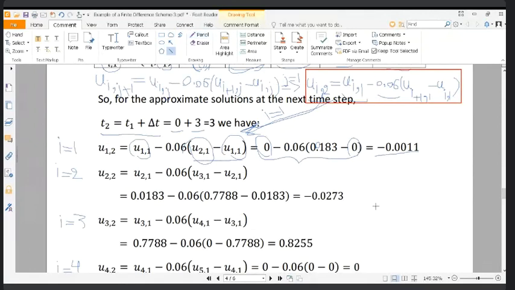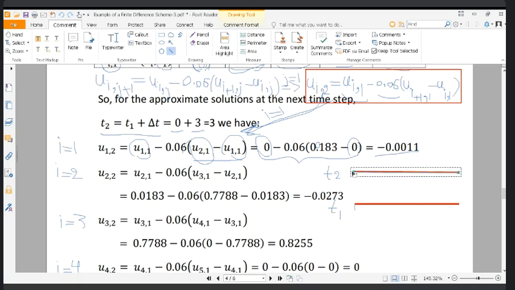Please pay attention. I describe this geometrically. It is time level T1, and we are going to time level T2 and compute the value of u at this time. This is T2. This is x1. The next point is x2.